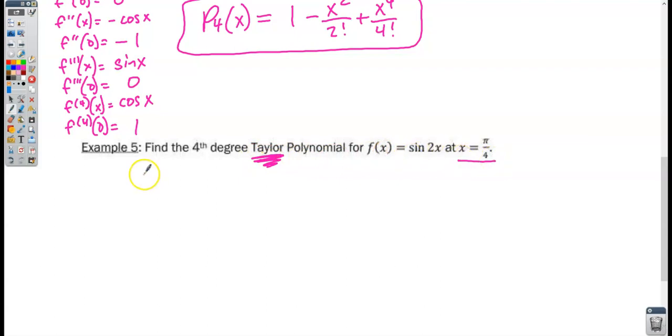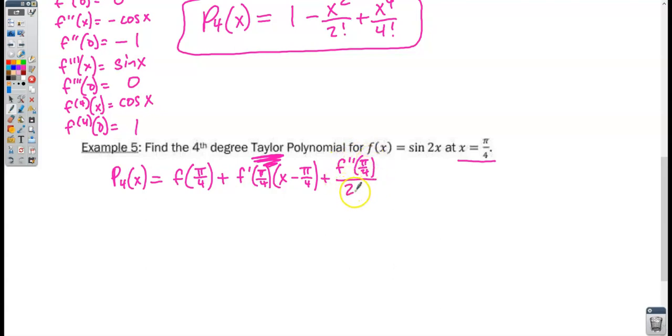And so when I go to write this, this is going to be a lot more complicated than the Maclaurin polynomials that we were just doing. I'm going to start with f of pi over 4, and then plus f prime of pi over 4 times x minus pi over 4, plus f double prime of pi over 4 over 2 factorial times x minus pi over 4 quantity squared.